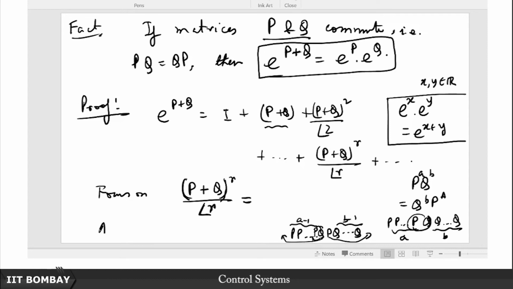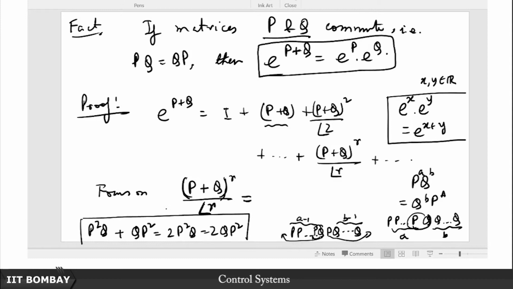So we do not have to worry about writing p squared q and q p squared as really two different matrices. We can just write them as 2p squared q is equal to 2qp squared without any ambiguity, right. That is exactly what happens in case of scalars, right, when we have x squared y and y x squared, they are one and the same. So therefore when we write this as a binomial series, we can exactly treat this binomial series.